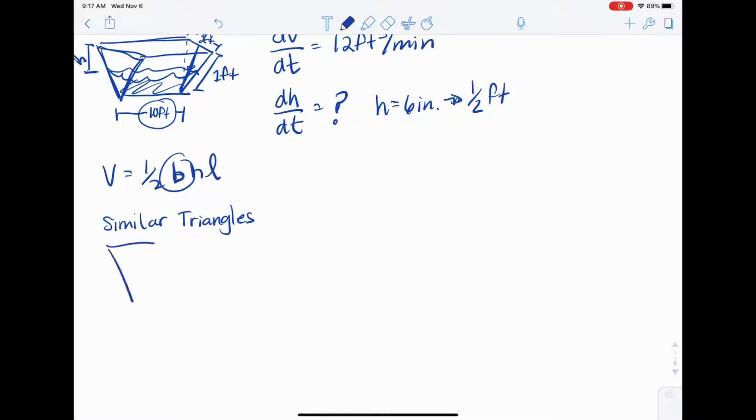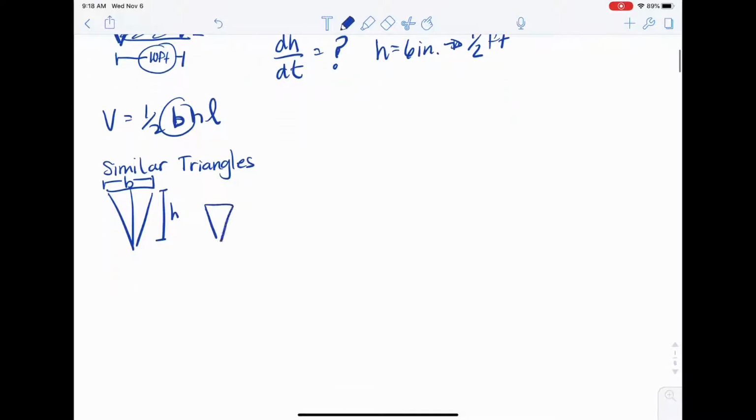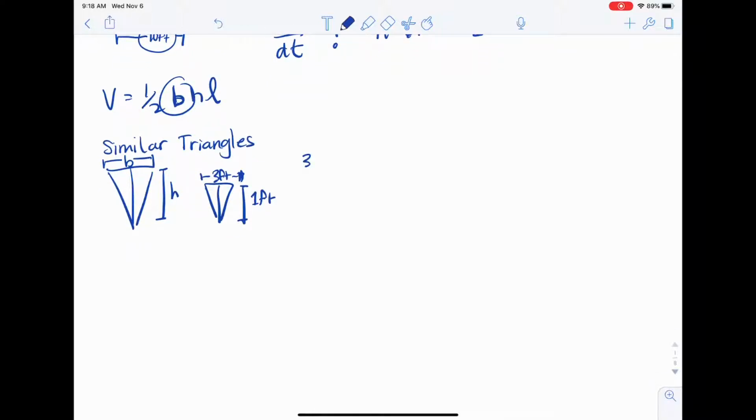So I'm just going to draw triangles, the base, this is the height. And then we're given that one of the isosceles triangles is 3 feet, and it has a height of 1 feet. And I'm just going to put them proportionate to each other. So base over height equals 3 over 1.